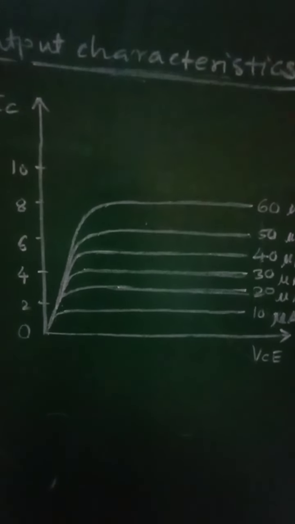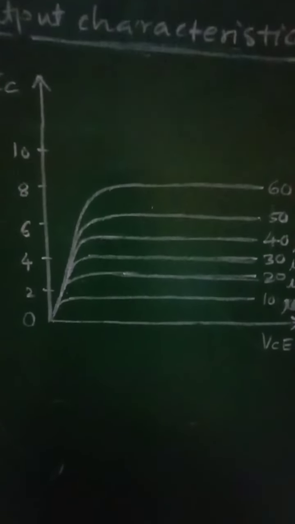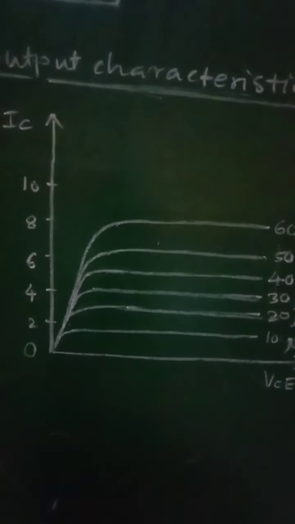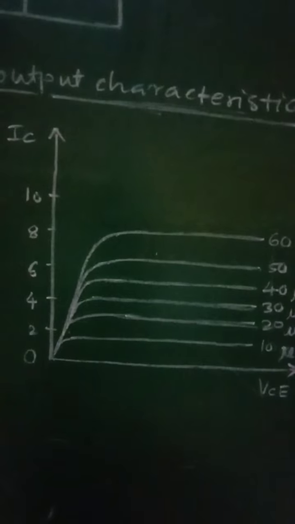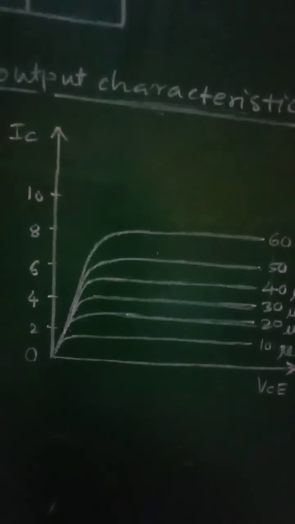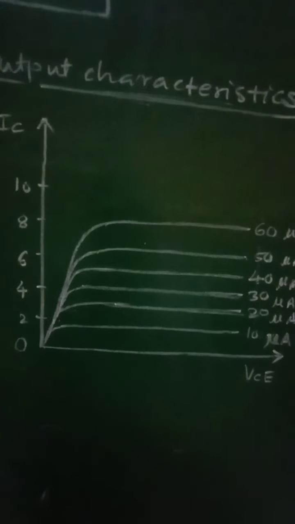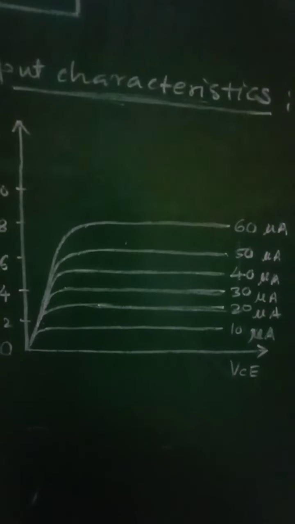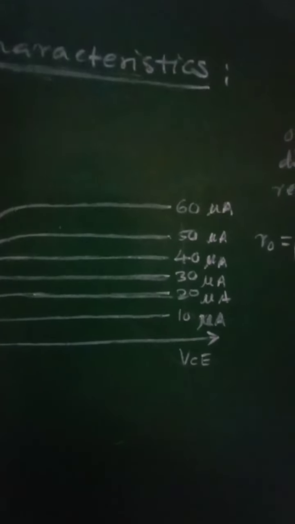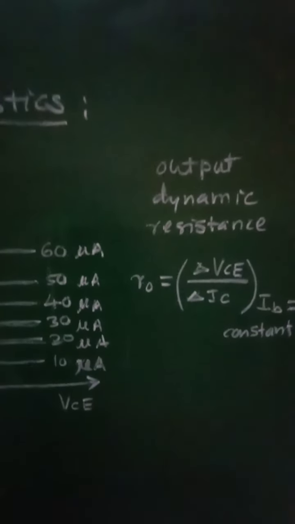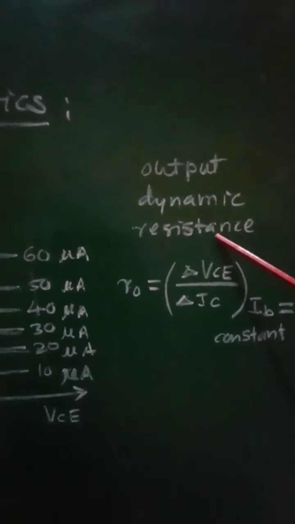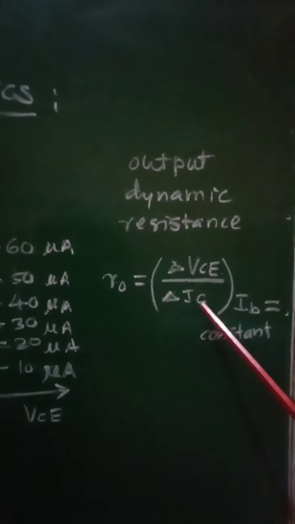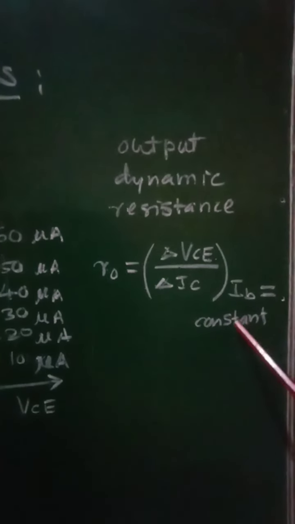So the output dynamic resistance RO will be equal to delta VCE divided by delta IC when IB is kept constant.